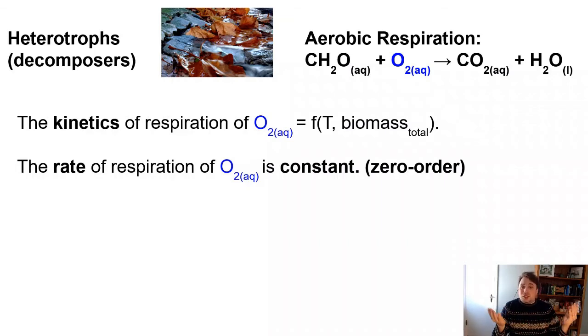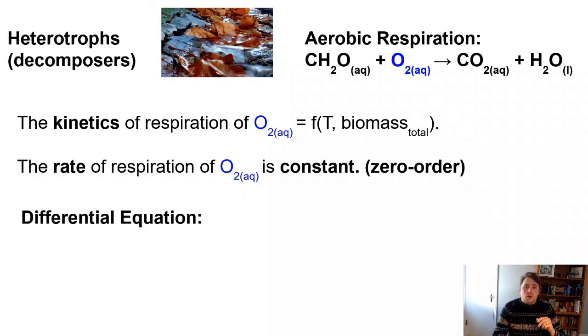It was a function of temperature and of biomass, but if those two are constant, then it is also a constant rate, and it's a zero-order rate. And so if we want to develop the differential equation for this, we just say that the change in oxygen due to respiration with respect to time is equal to negative some constant. We're going to call this constant k_resp.